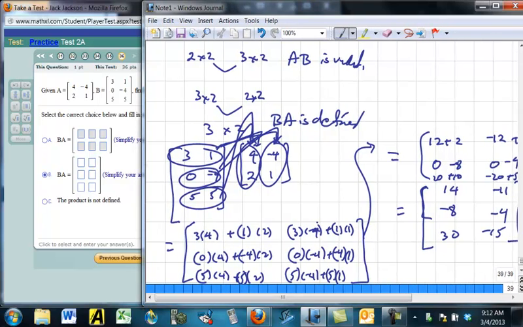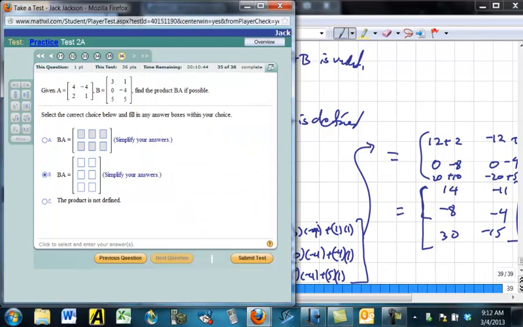Okay, there we go. So it should be this one. 14 here, negative 11 here, negative 8 here, negative 4 here, 30, and negative 15.